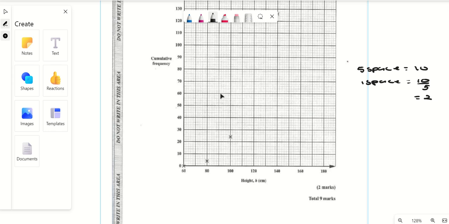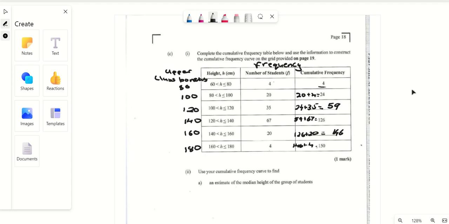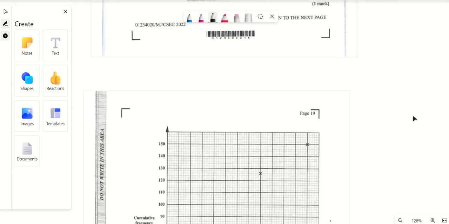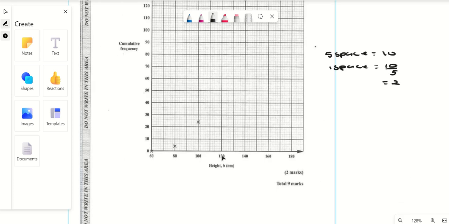So you're going to look for 59, and that is between 100 and 120. So when x was 120, that's our midpoint, right? y was 59, so that is right here.